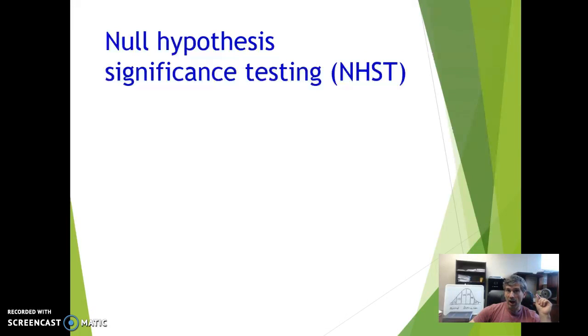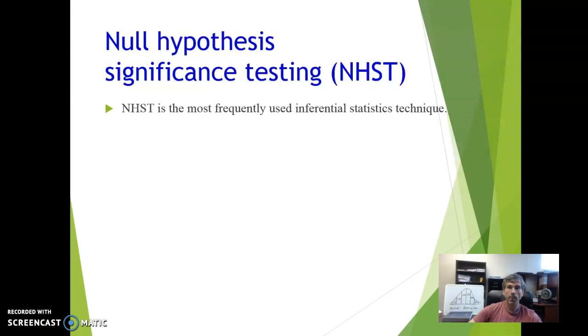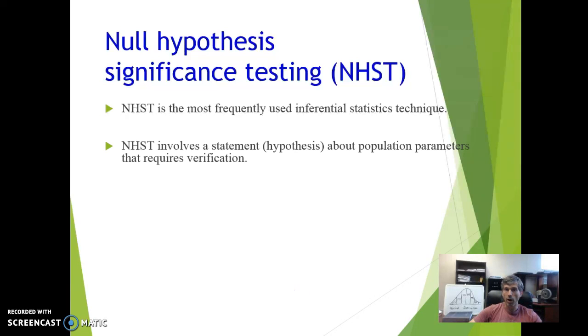We're going to spend the next couple of videos unpacking how this works, and then we're going to be practicing it several times over and continuing to use this framework in just about every other module from here on out. So unsurprisingly, it's the most frequently used inferential stats technique there is. Certainly not the only one, but it's definitely the most common one and the most commonly taught.